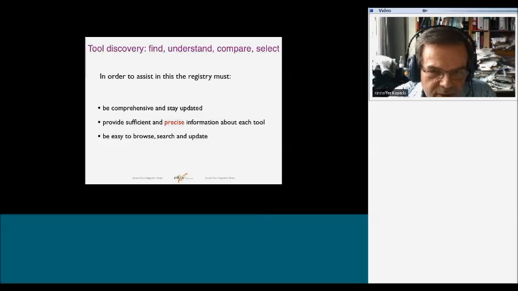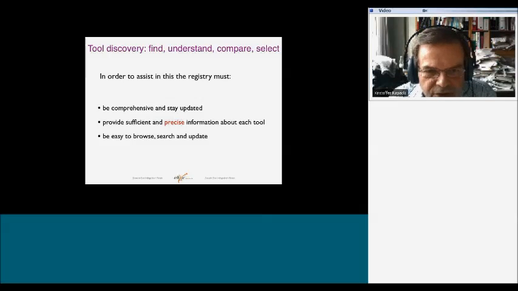Once you have found a given tool, you need to understand what it does and how it does it. And then, equipped with this understanding, if you have found several possible tools matching your requirements, you need to be able to compare them and then select the one that you really need, or the one that best fits your needs.